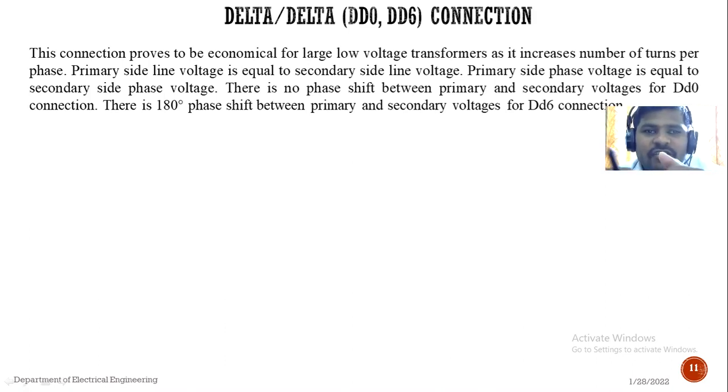Okay, so there is no phase shift between primary and secondary voltage for delta delta 0 connection, and there is a 180-degree phase shift between the primary and secondary voltage when it is connected delta delta 6. When we connect in delta delta 6, in that situation there is a totally opposite phase shift, that means a 180-degree phase shift is there.